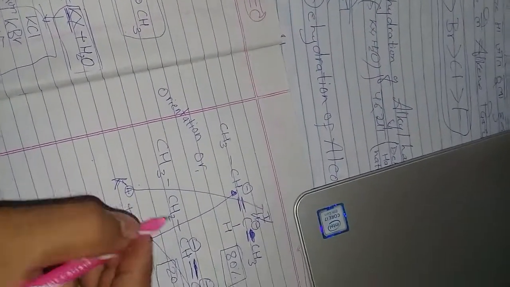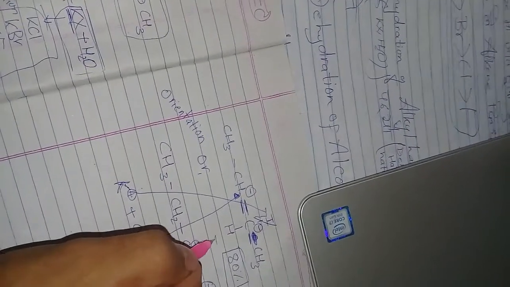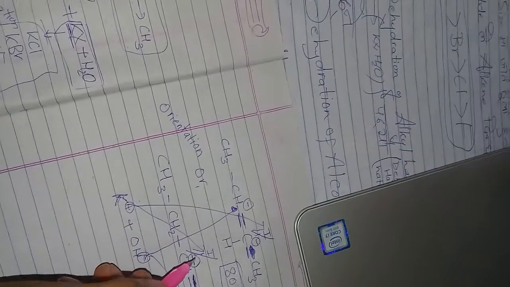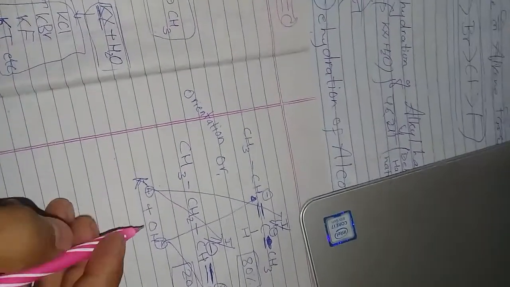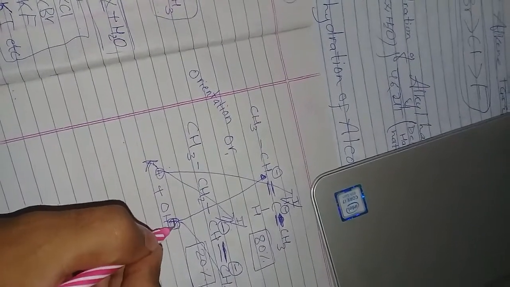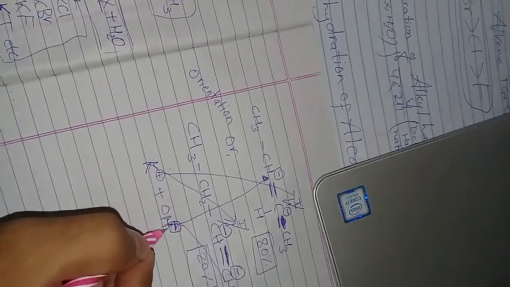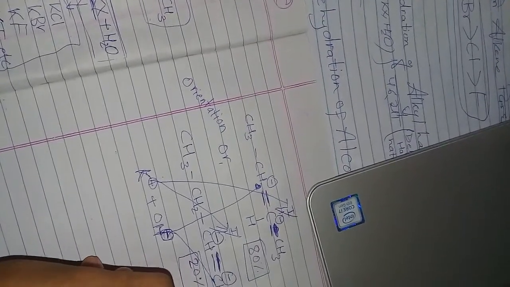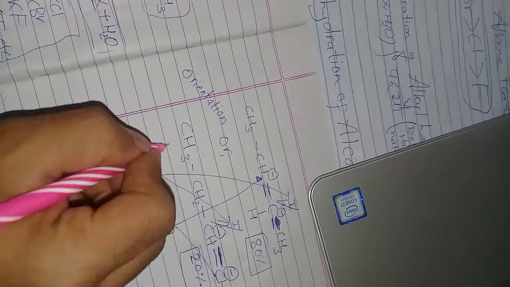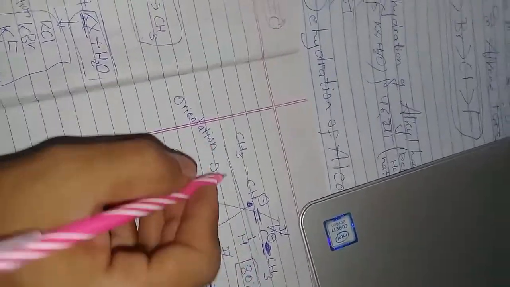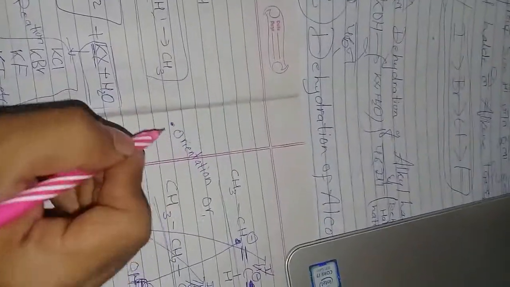So the probability of this OH attacking this carbon will be 20%, so 20% of this compound will be formed, whereas 80% of this will be formed. This comes under orientation.